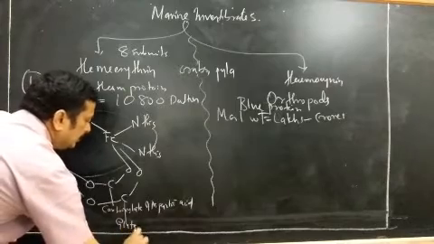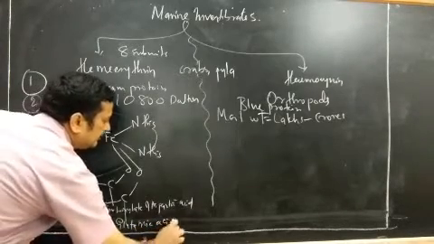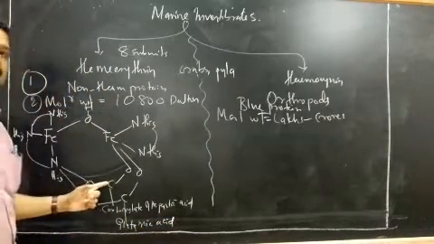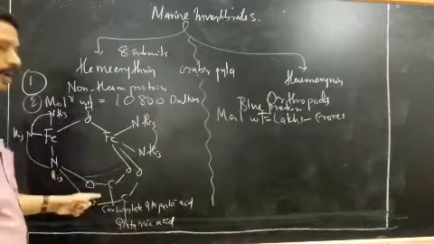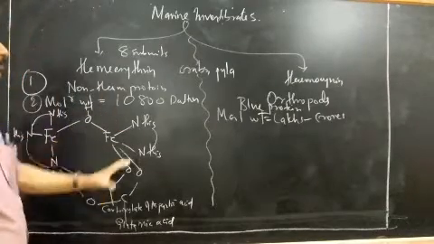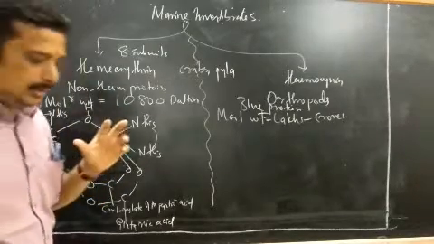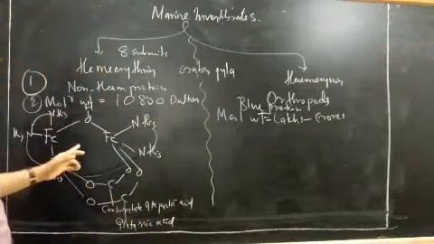So this chain will be the aspartic acid, and this another chain will be glutamic acid. This is the structure of hemerythrin in the absence of oxygen.